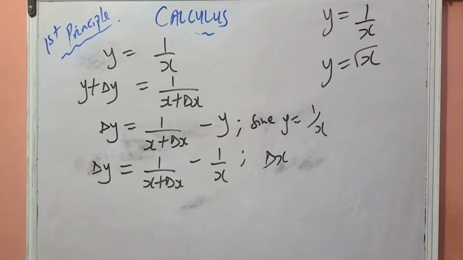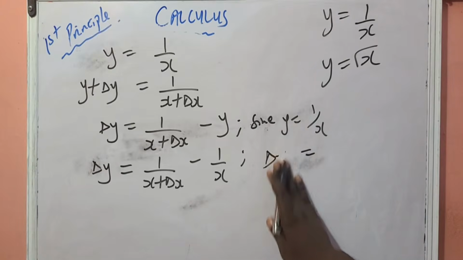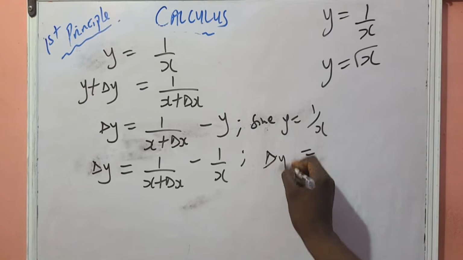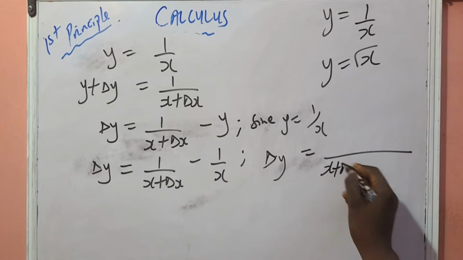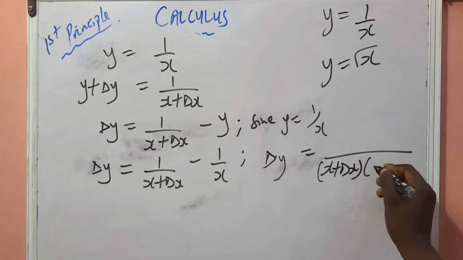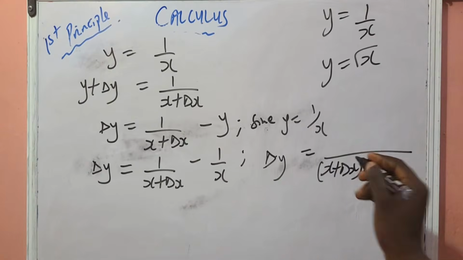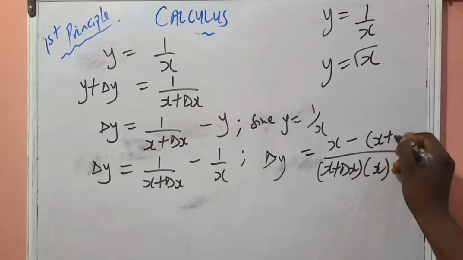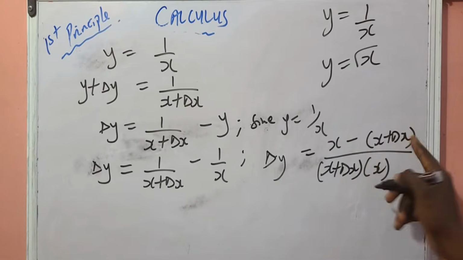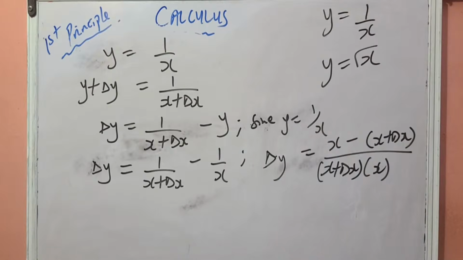So I have to go on to find the LCM of these two expressions. That will be x plus change in x and x. So we'll be having x minus x plus change in x. I'm sure that you understand LCM.